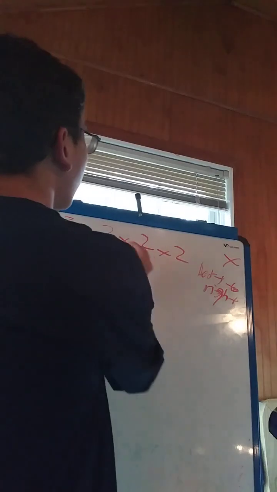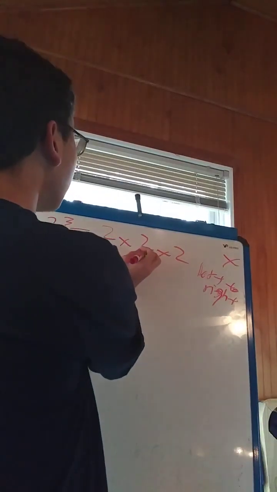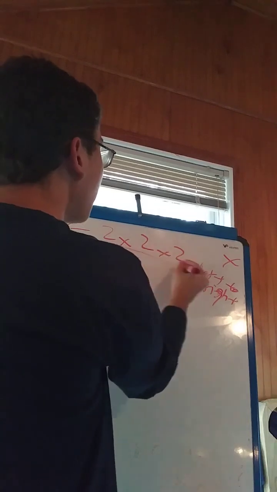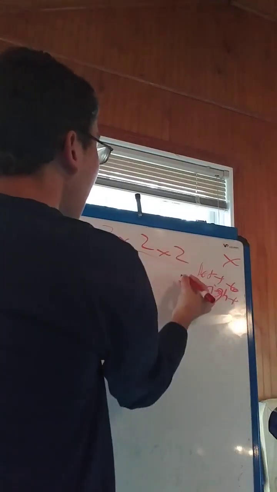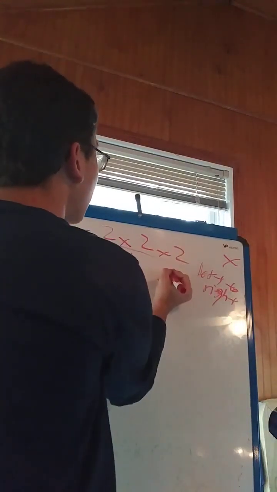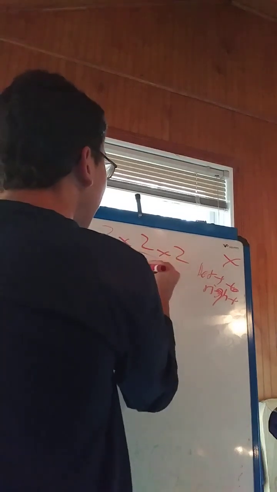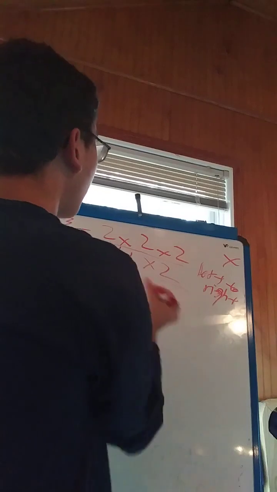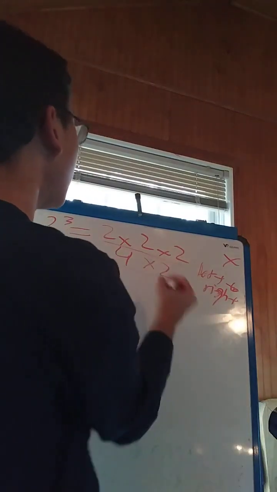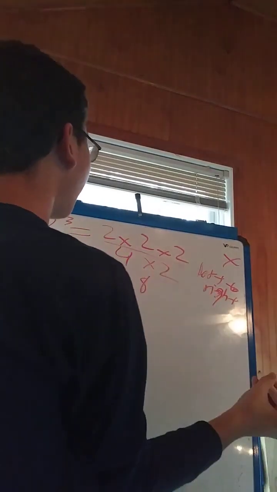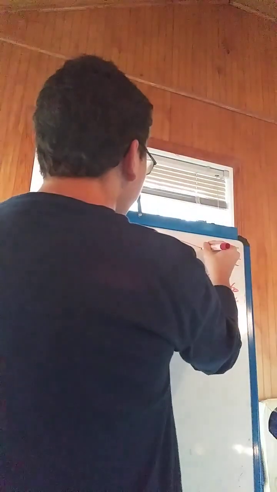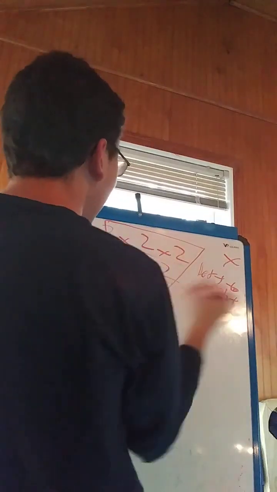So, we take 2 times 2, which would give us 4, and then we draw the line, and then we drop down what is left of the problem. We still have that times 2, so we drop that down, and then we draw another line. 4 times 2 would be 8, and that is the final answer. If I can draw a backwards, upside down triangle around the equation, then I've done it right.